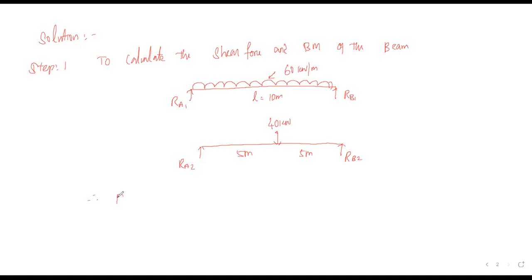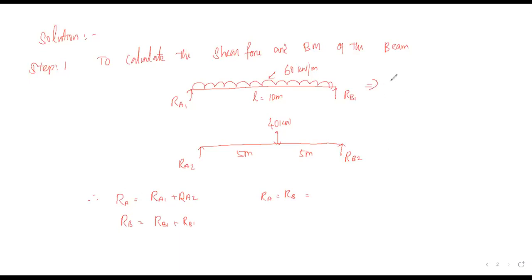Therefore RA becomes the addition of RA1 plus RA2. Similarly, RB is equal to RB1 plus RB2. Both are the same. Let us have the calculation part.